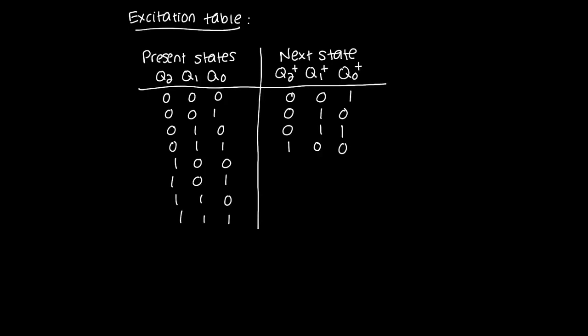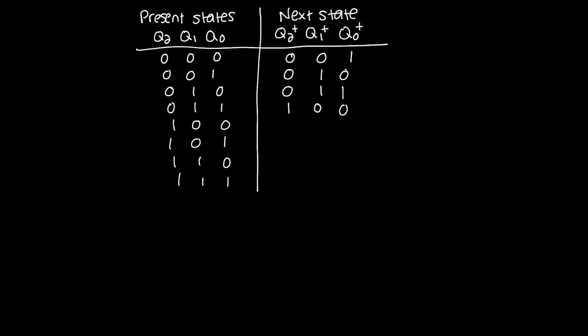And similarly, if my present state is 4, my next state should be 5. This is an up counter. You can see already how versatile this is going to be, because nothing restricts me to saying that my next state should be an increment of my present state. I can go in any order I want, so I can have any counting sequence that I want.